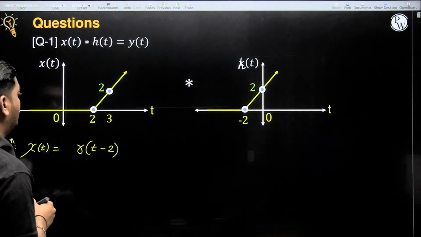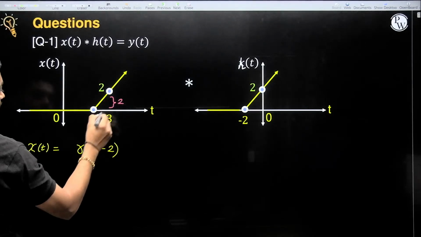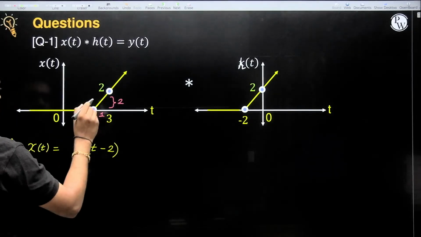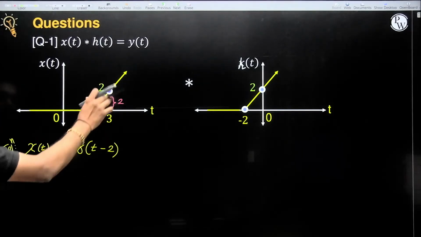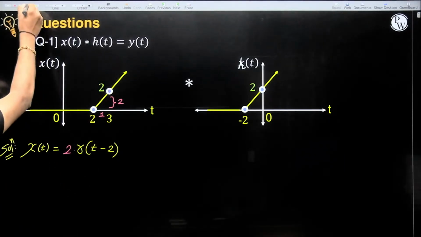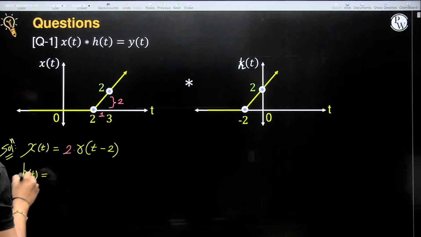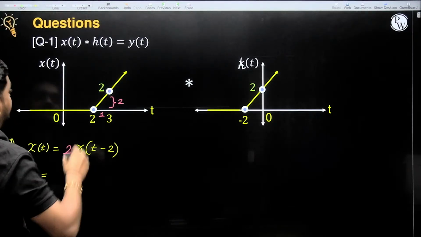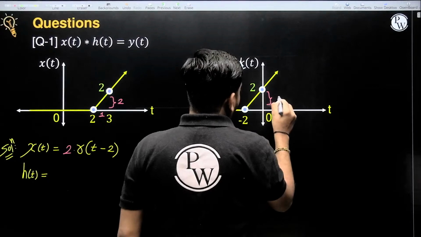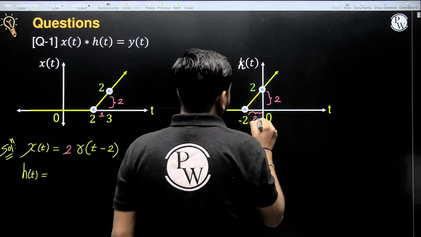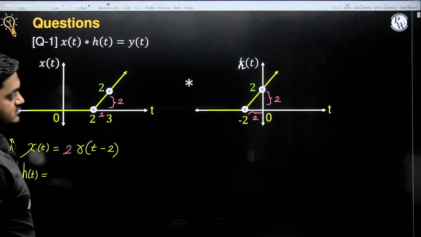Now what about the slope, guys? The slope is dy by dx. So this dy is 2 and dx is 1, so the slope is 2 and increasing, that's why I am writing plus 2. And for h of t, dy is 2 and dx is 2, so dy by dx is 2 by 2, that is 1. The slope is 1.